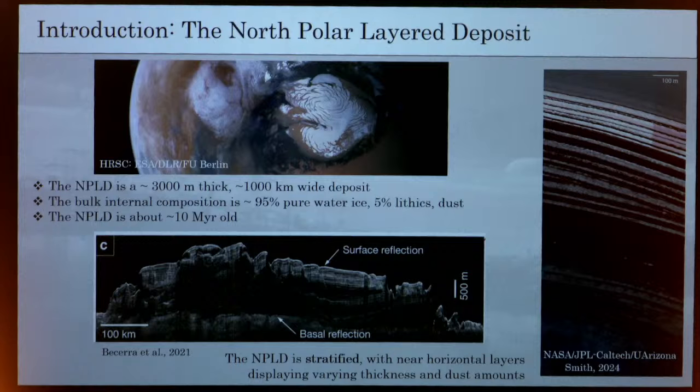So the key word here that I'd like to bring attention to, if you haven't followed the talks so far, is that the NPLD is stratified. You have these layers that are essentially nearly horizontal with varying amounts of dust and ice, depending on the mass balance and the preservation history of each of the layers.